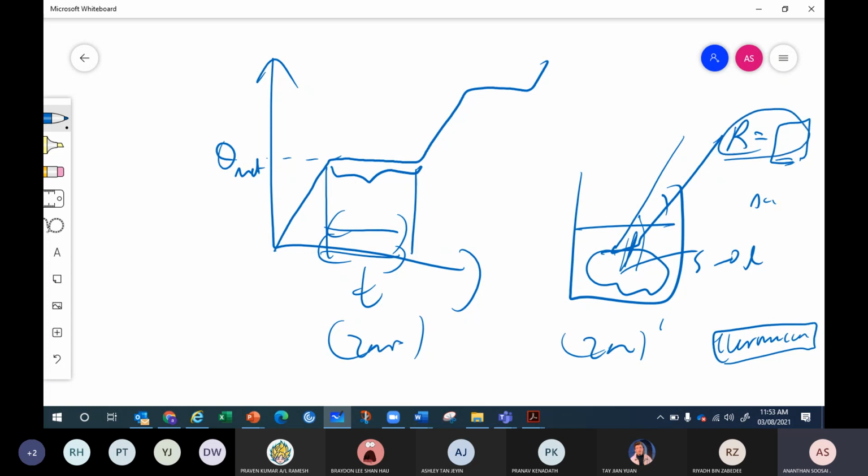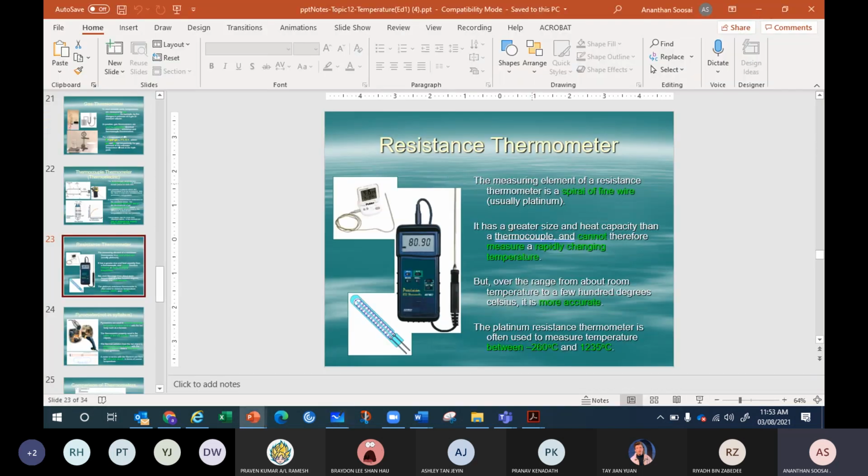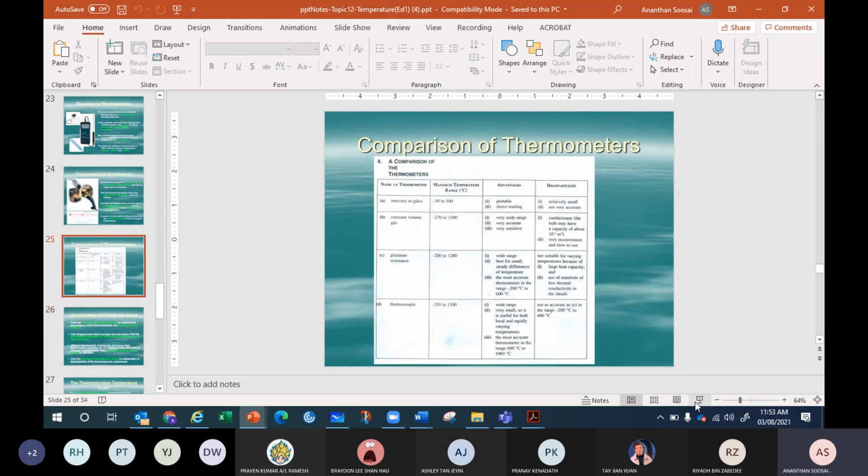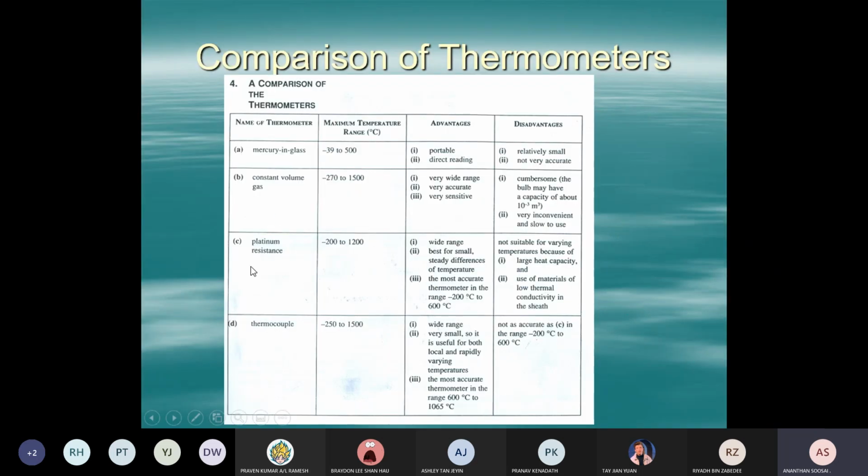So what are the advantages and disadvantages of the resistance thermometer? Go back to this table. The platinum resistance thermometer has a wide range, and is best for small steady differences of temperature, steady temperature, melting point, boiling point. So you can put that: melting point, boiling point, best is platinum resistance.